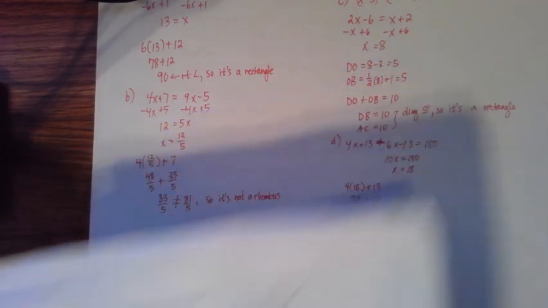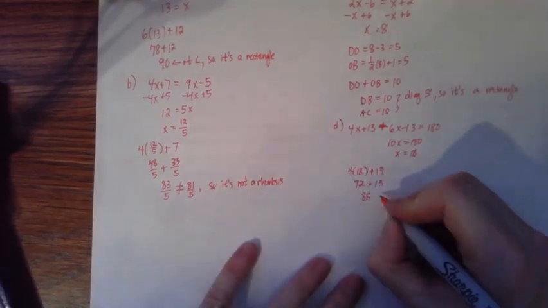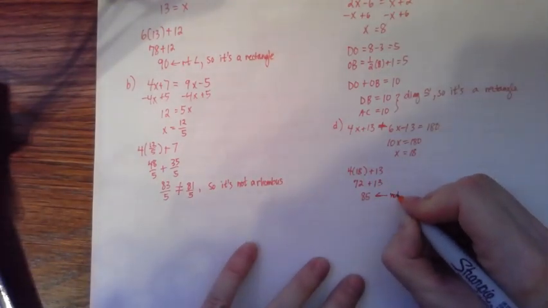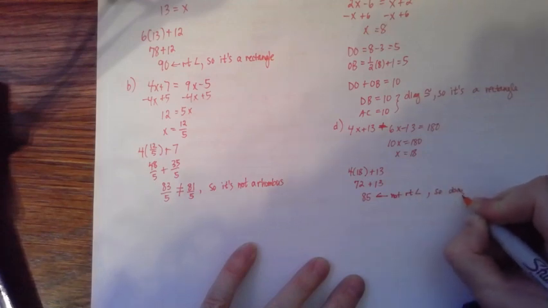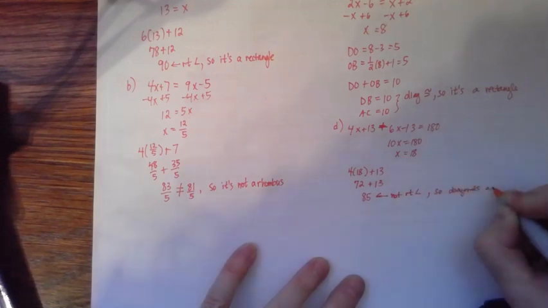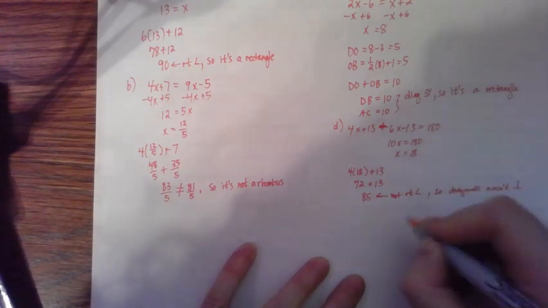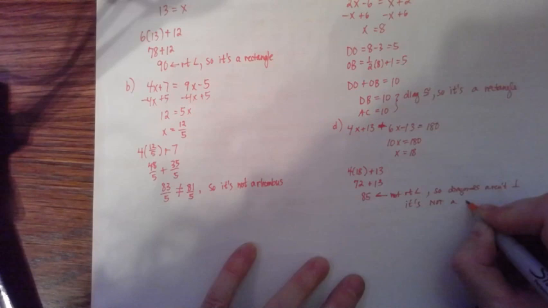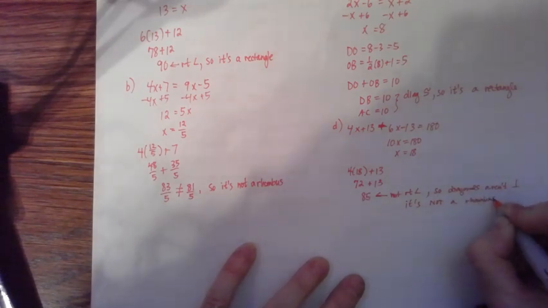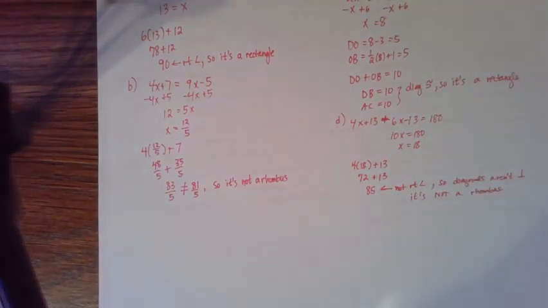Okay, so this is not a right angle. So the diagonals aren't perpendicular, and it's not a rhombus. Okay. Going on to E.